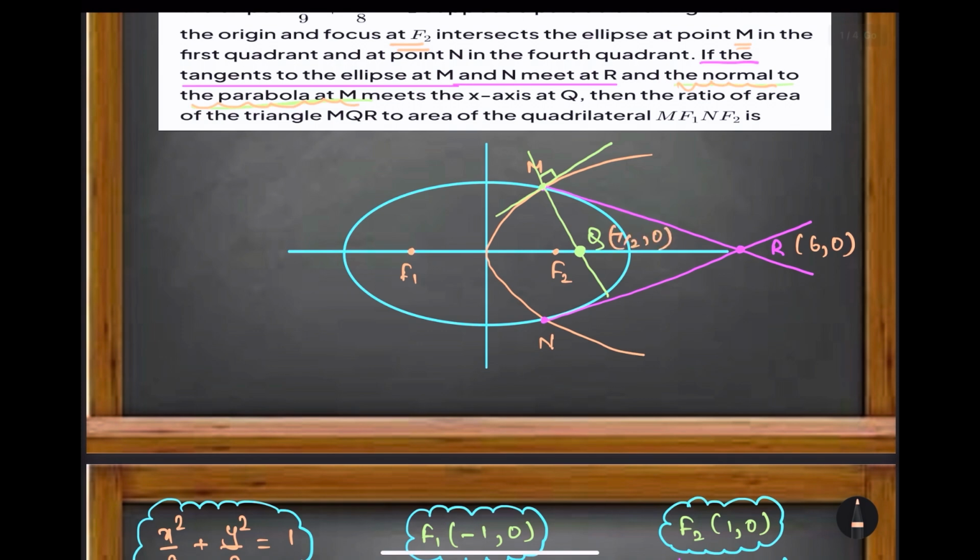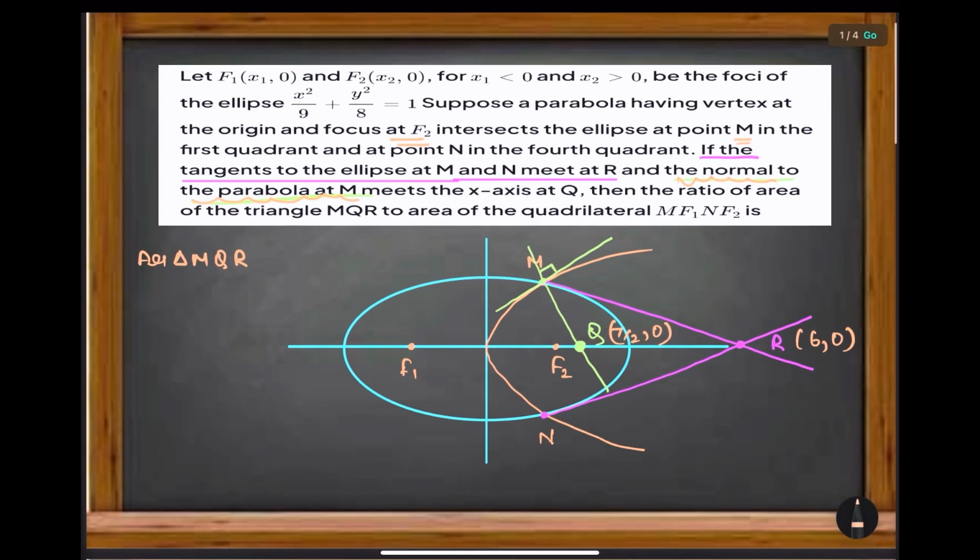So almost we got all the coordinates. Now the ratio of the area of triangle MQR. Okay, let me find the area of triangle MQR. You know that the area of a triangle is half base into height. So who is the base? This is the base, correct?